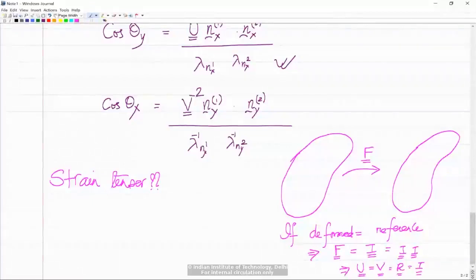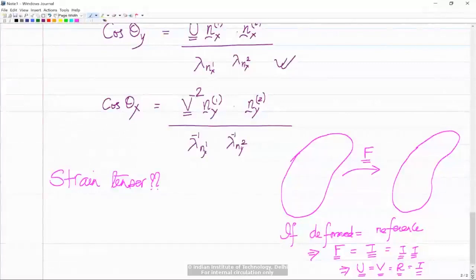So what you see is that this U and V are not zero when there is no deformation. When the deformed configuration is the same as the reference, which means there is no deformation, then U and V are not zero. But we know that when we define strain, if there is no deformation, then strain is zero, right?